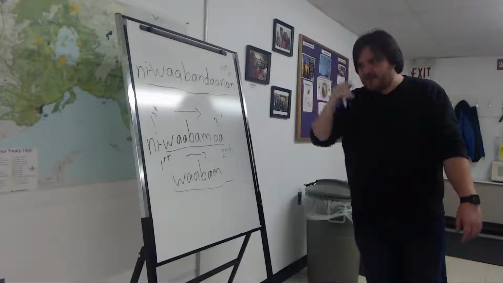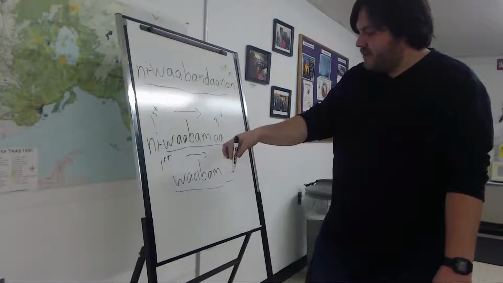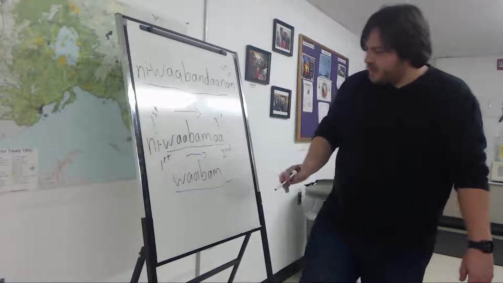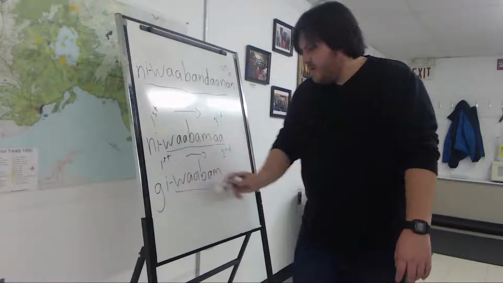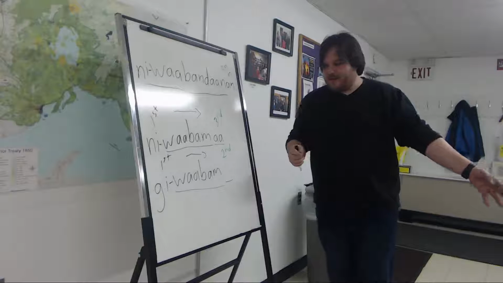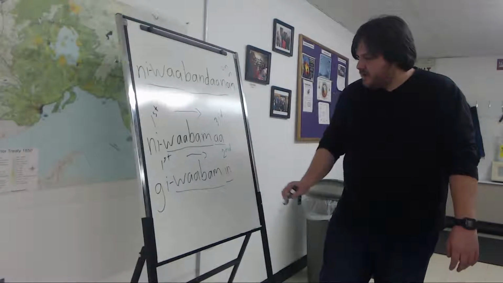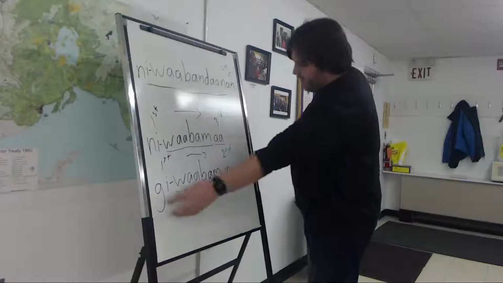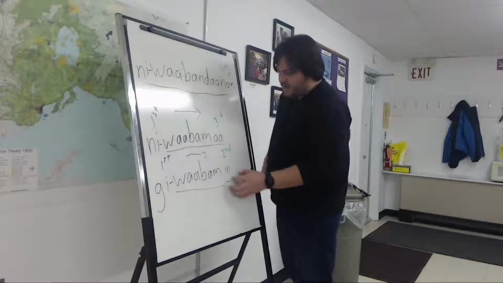Sometimes it's assumed, and some dialects actually add the "ne," but the pattern for "I see you" or "I to you" is you use a "g," and for I-to-you sentences you have that "g" and the "in" at the end there.